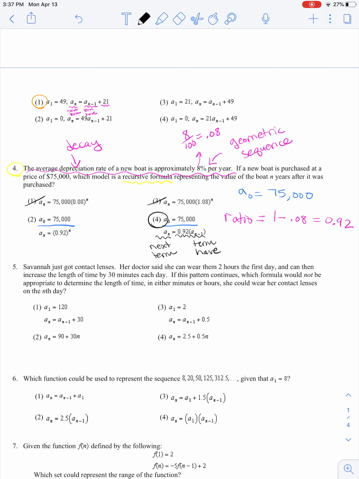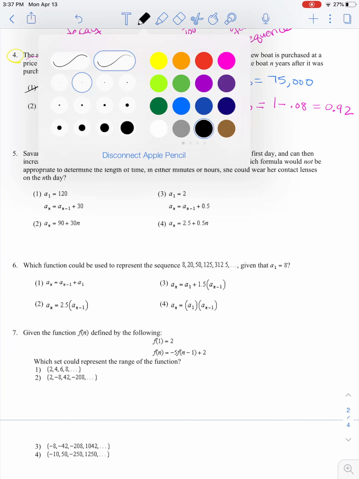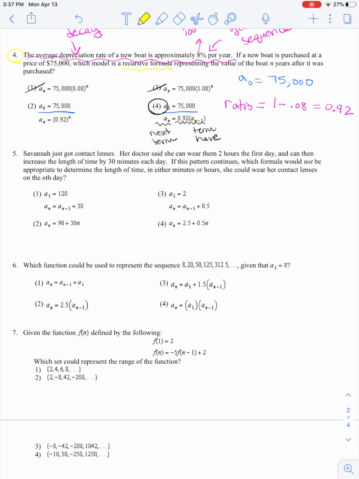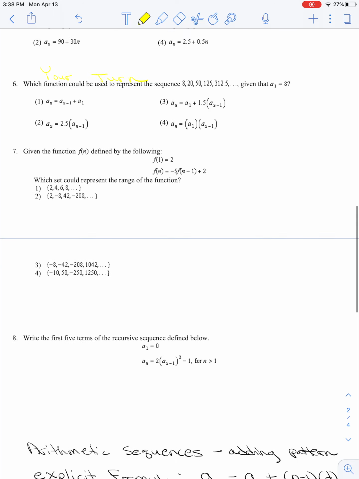Okay, so questions number 5 and 6 are going to be your turn questions. So that means you're going to submit those with your notes for today. And we're going to look at question 7 together. And then number 8 will be a your turn question.